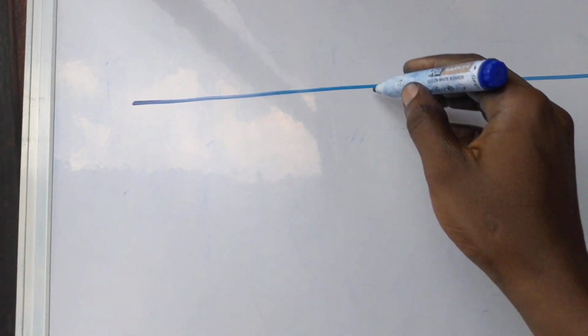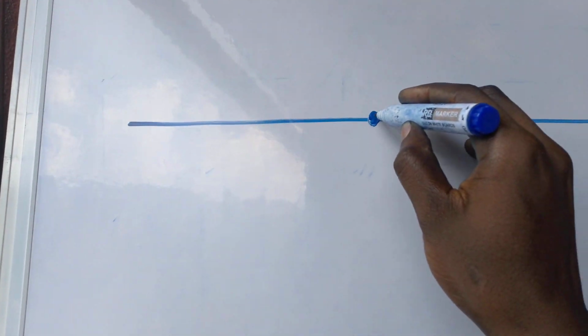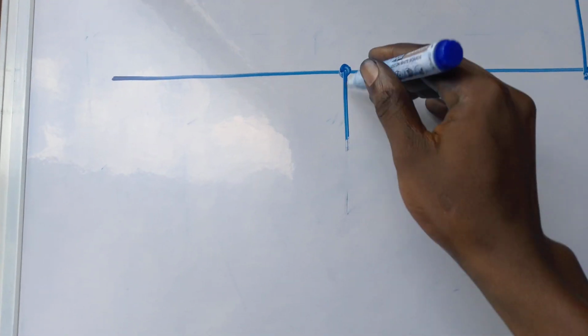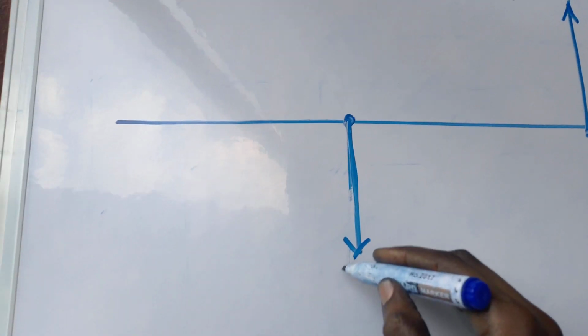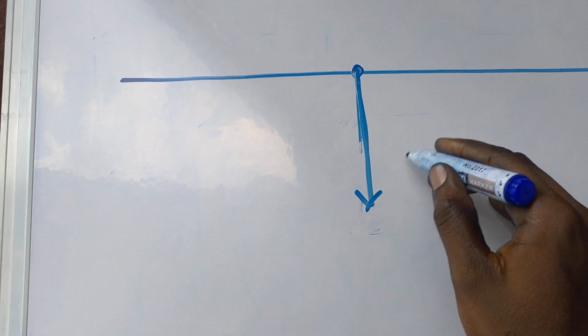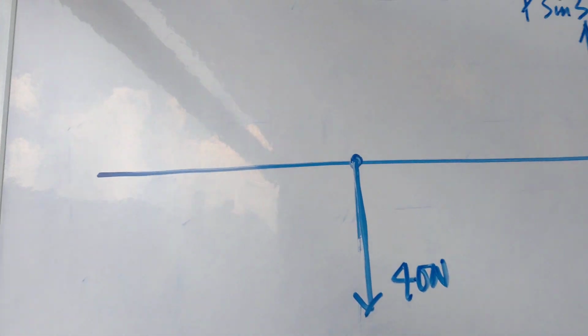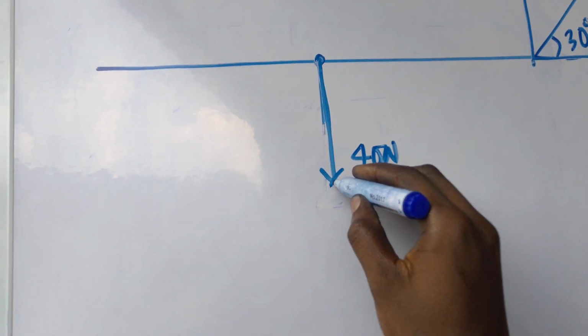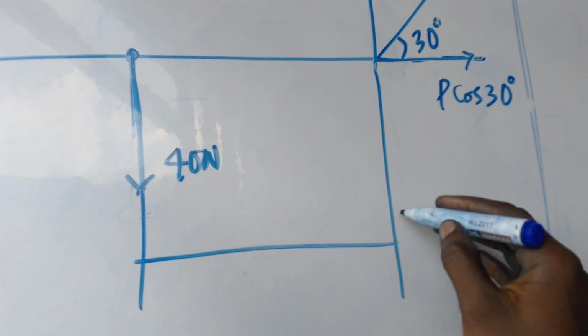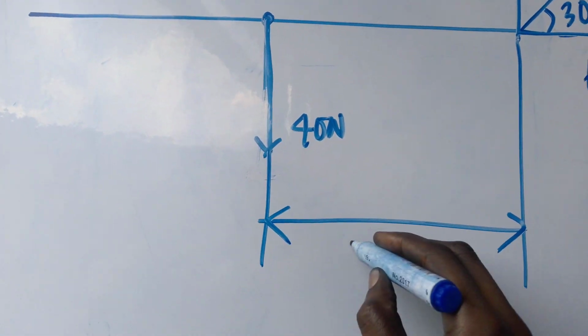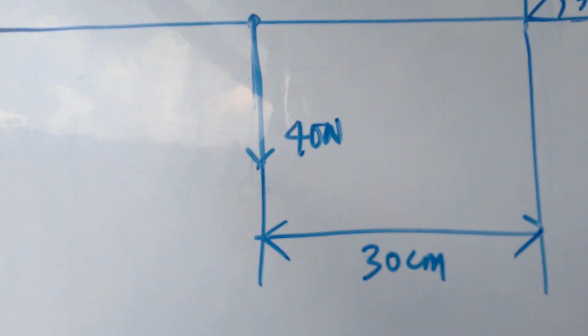Now the next one you look at is the weight of this block, which will act vertically downwards. The weight is 40 Newton, acting vertically downwards, and the distance between the weight and this other point is 30 centimeter.